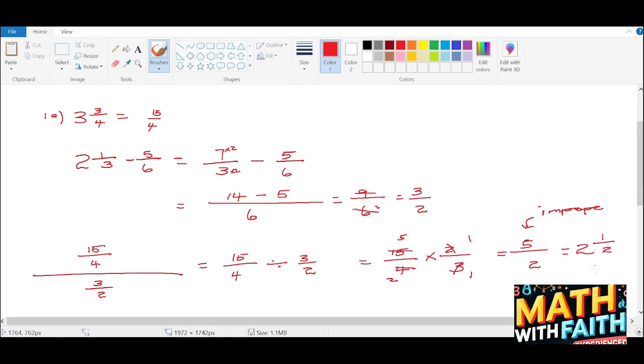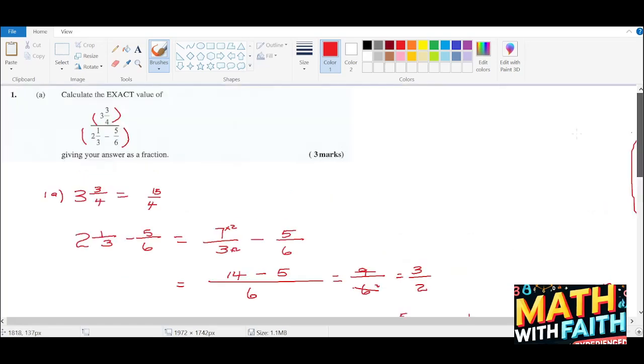And if you express it as this, that will be fine. That's a mixed number, right? It's a type of fraction called a mixed number. So any way we express it, either way, 5 over 2 or 2 and 1/2, both of those will be correct. And that's how we do question 1A in January 2009.